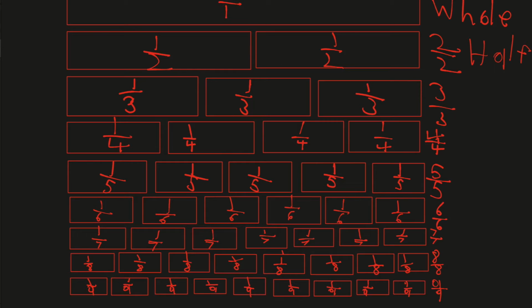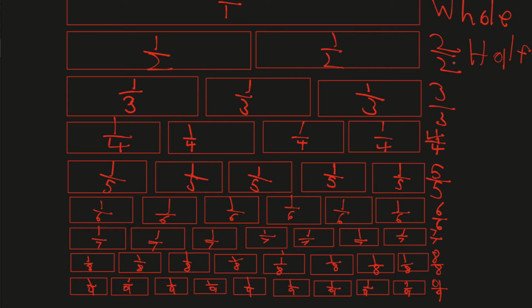So basically, this is one whole, this is a whole, and then this is 1 by 2, which is basically a half. 1 by 3, then 1 by 4, 1 by 5, 1 by 6, 1 by 7, 1 by 8, 1 by 9. There's more like that, but this is as much space as I have.